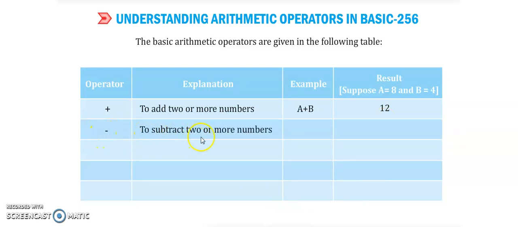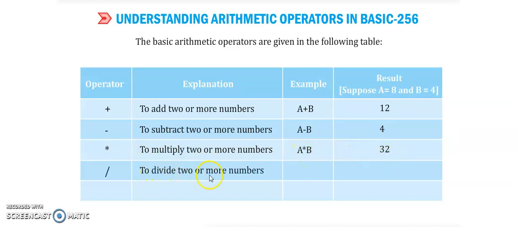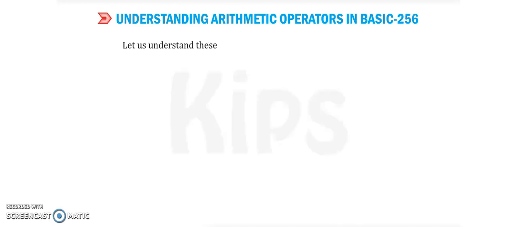And for minus, to subtract two or more numbers, a minus b, and the answer will be 4. Star, to multiply two or more numbers, a multiplied by b, answer will be 32. Slash, to divide two or more numbers, a divided by b, answer will be 2. So to calculate the exponential value, after this the answer will be 512.